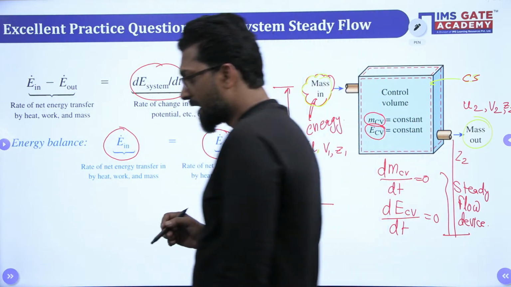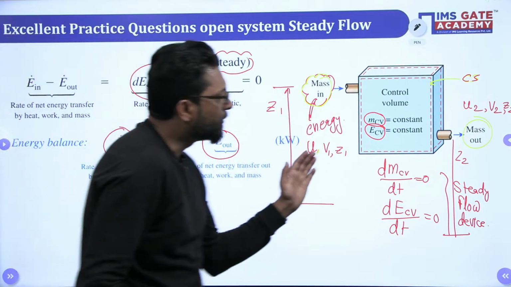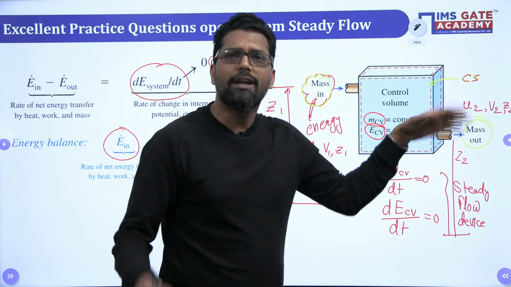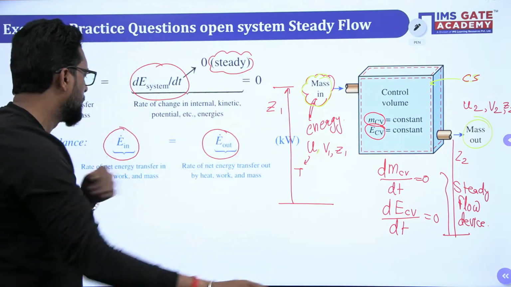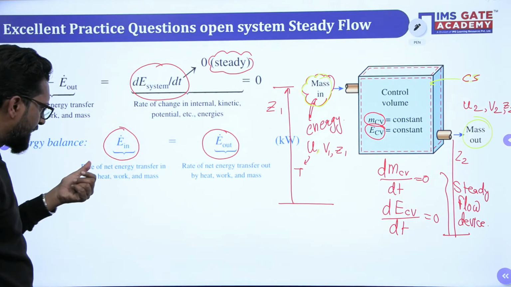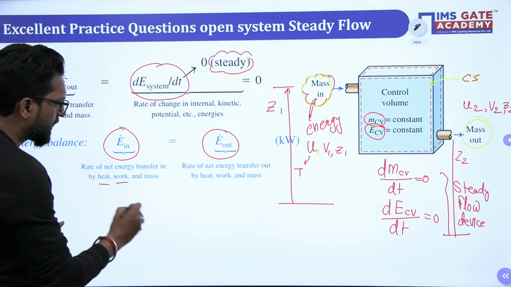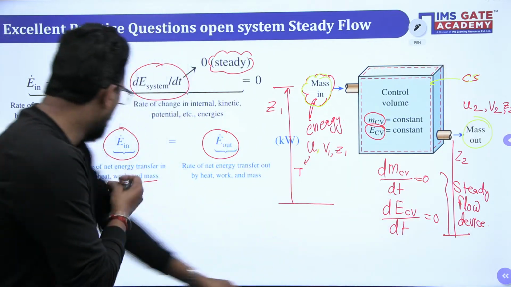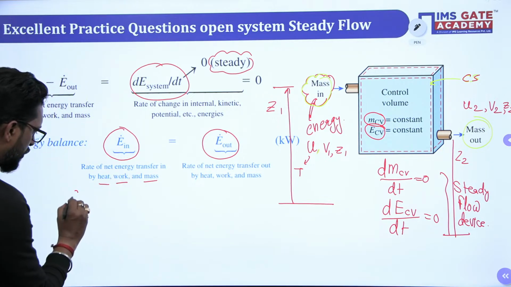Okay, so what can we write here? Let's suppose in this system the heat goes in and work goes out. In general, see the rate of energy transfer by heat, work and mass. The rate of energy transfer in, that means this is your Q dot in.